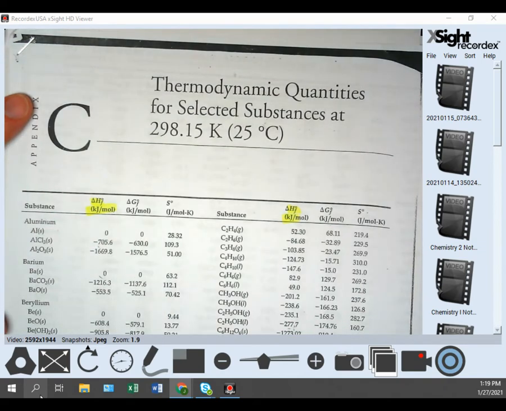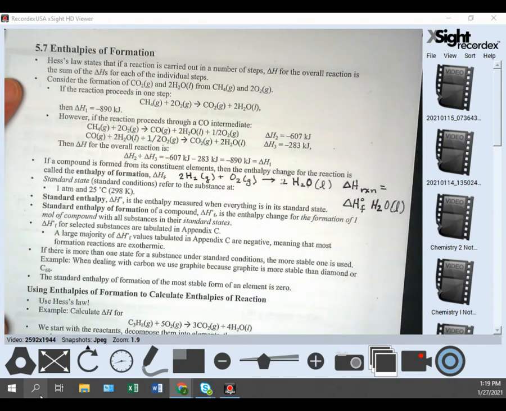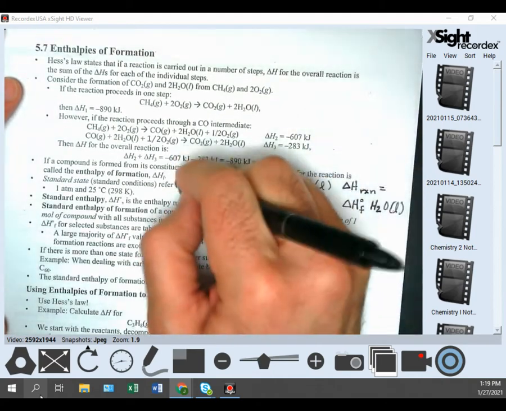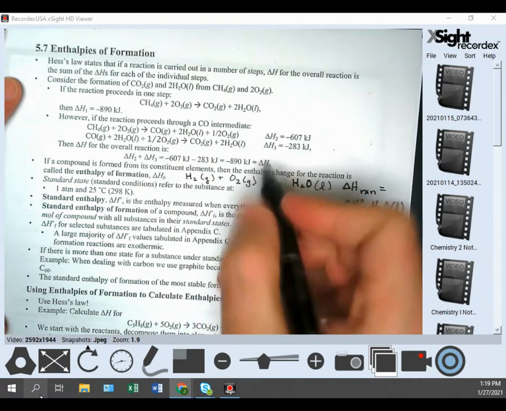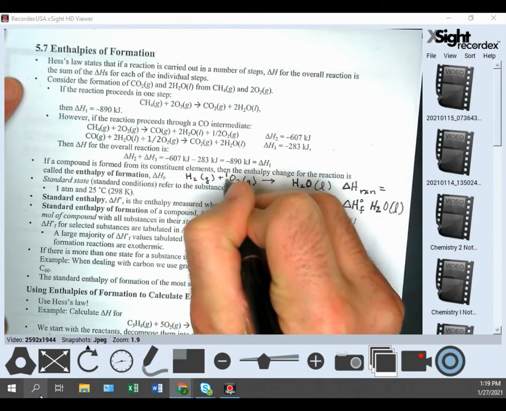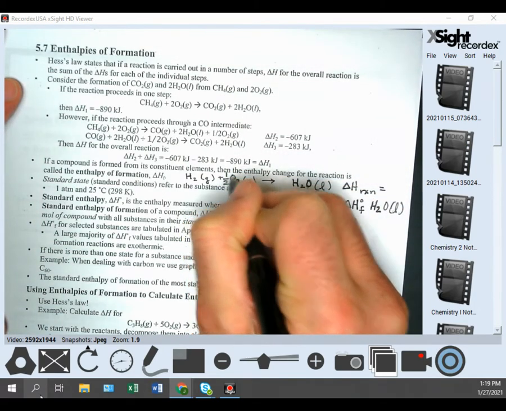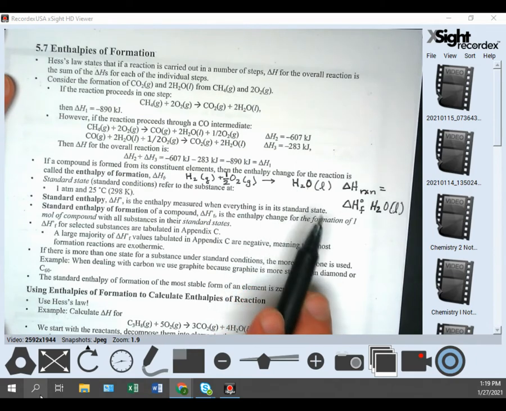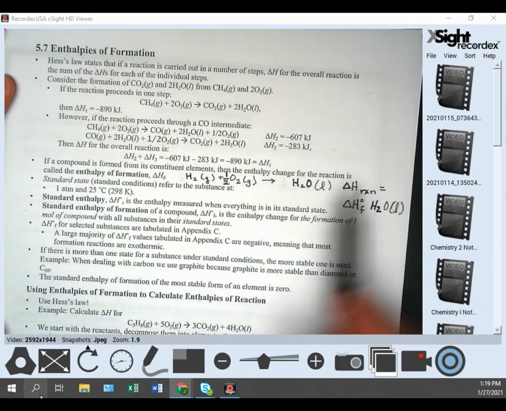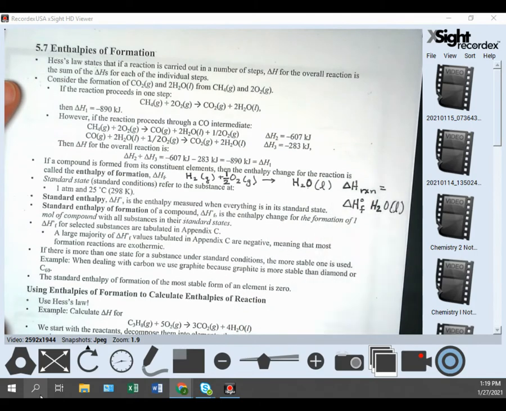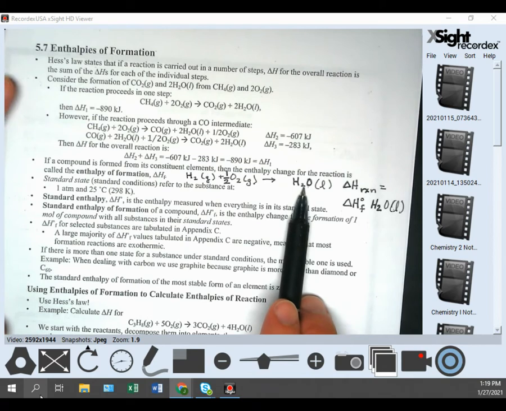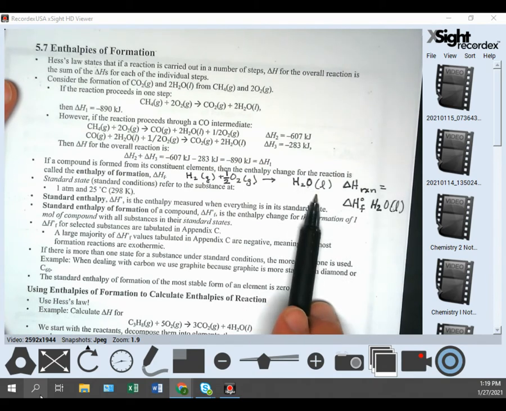So it's per mole of the product. When I was balancing this, to be 100% accurate I should have done it like that, because I want 1 mole of water, technically, because the water is what's being formed. So if it's balanced like this, the delta H for this reaction is the delta H of formation, the enthalpy for the formation of water.